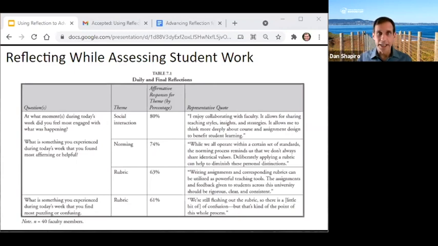So we decided that assignment guides were really important to help faculty design assignments and work on their assignment prompts.